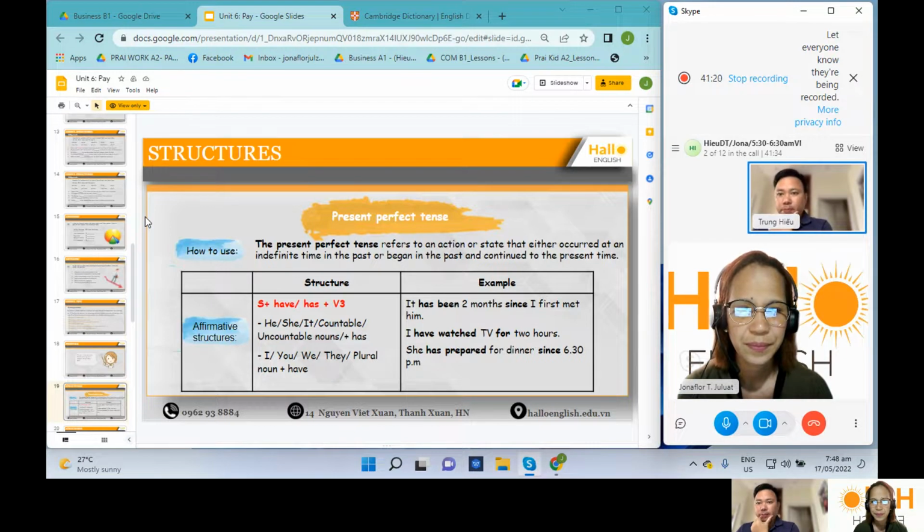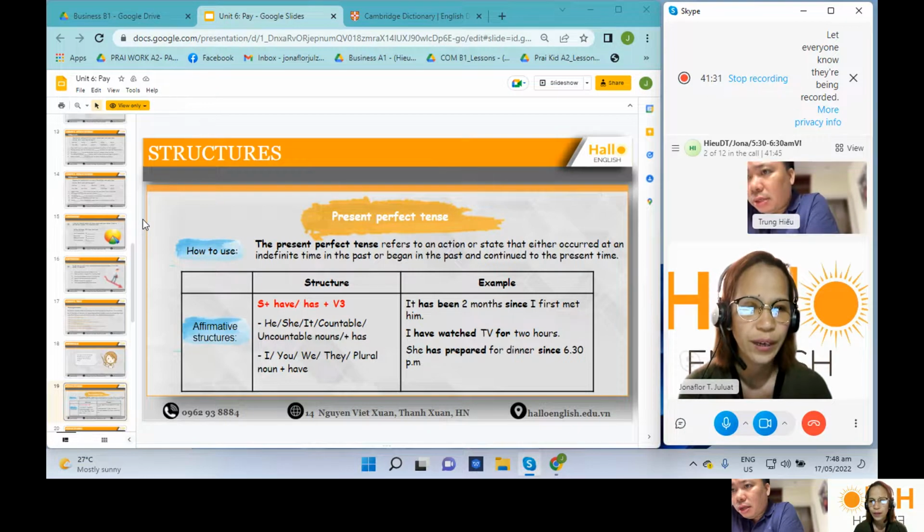The present perfect tense refers to an action or state that either occurred at an indefinite time in the past or began in the past and continued to the present time.